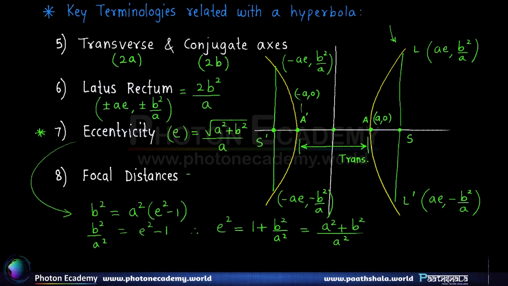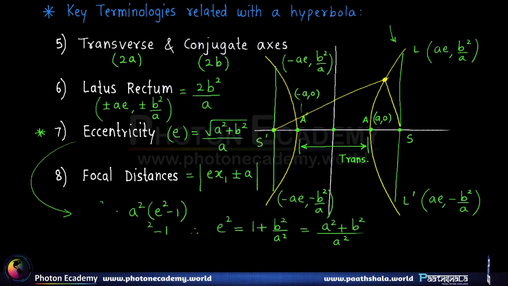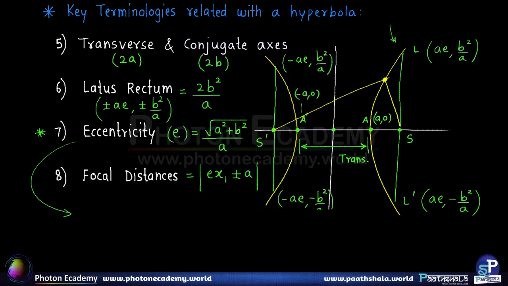In case of focal distances, here it is ex1 plus or minus a. This is also very much similar to the ellipse. The plus or minus indicates that there are two possible distances, because if you consider any point on the hyperbola, since there are two foci, we have to consider two focal distances. One distance is ex1 plus a and another distance is ex1 minus a.